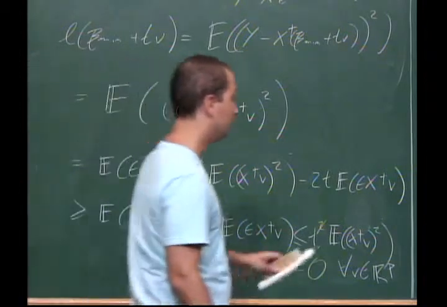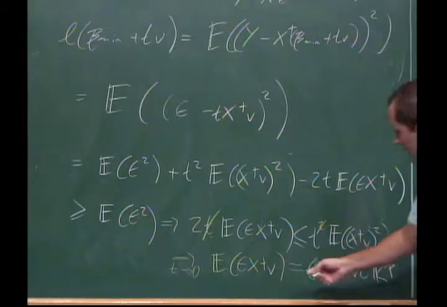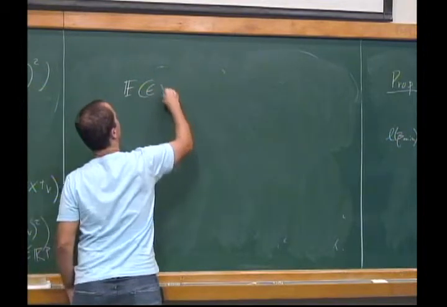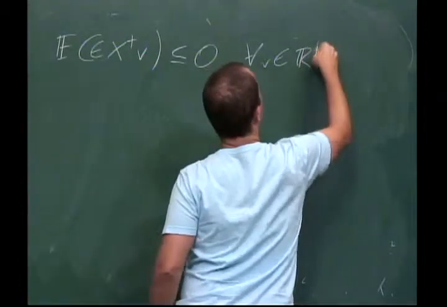But let me be clear about what I mean here, because now there's going to be a kind of a jump. In the notes, I wrote this differently, but I want to do it the nicer way here. The nicer way is complicated at first, but it's going to help us out later. So you have the expectation of epsilon x inner product v is less than or equal to 0 for all v in R^p.